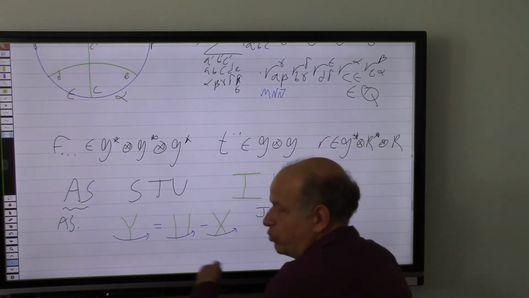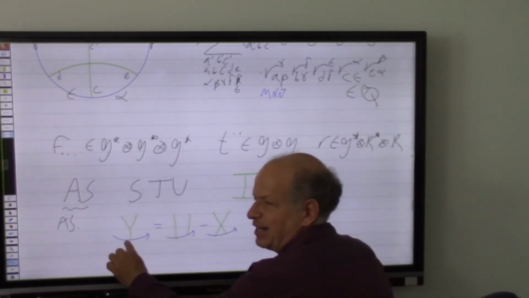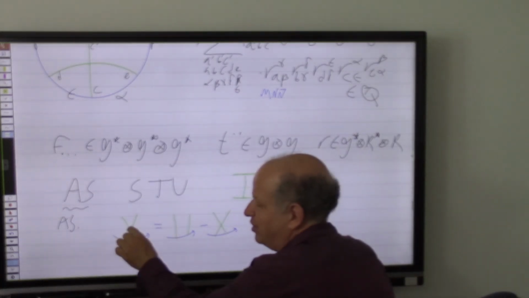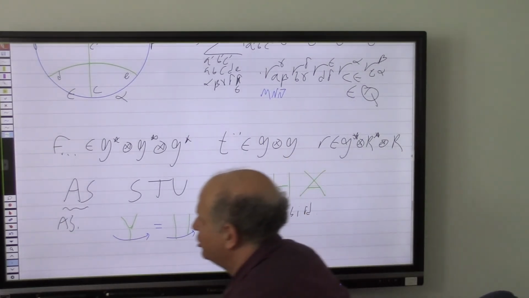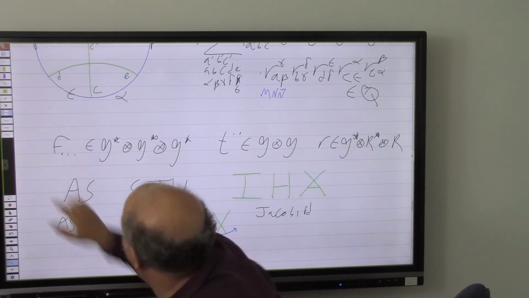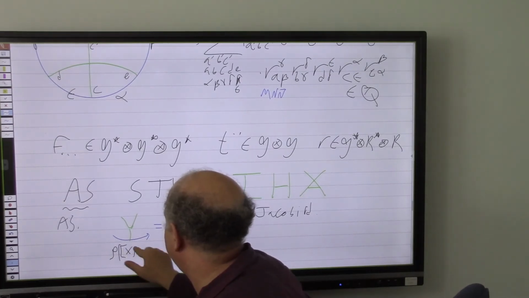Okay, and if you read this very carefully, then the left-hand side means you take the bracket in the Lie algebra and then you represent it as a matrix. So the left-hand side becomes rho of the bracket of two things.